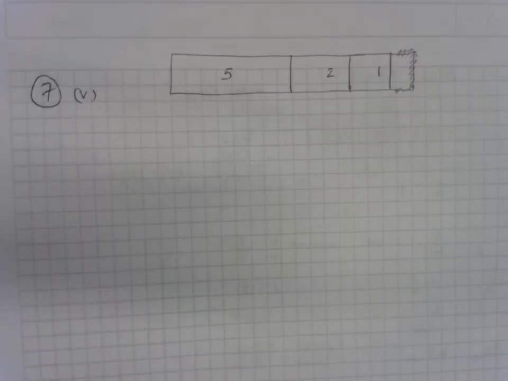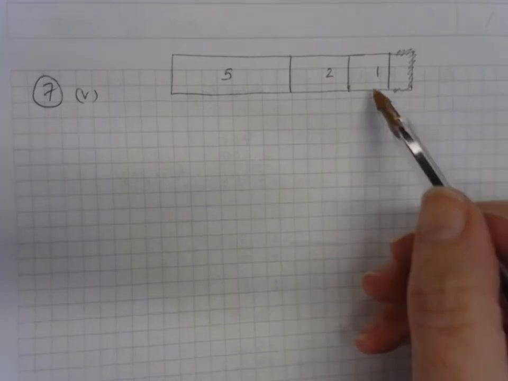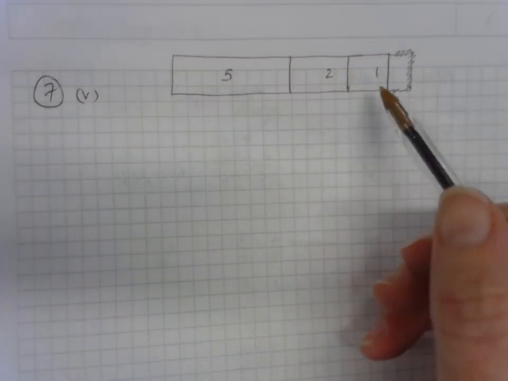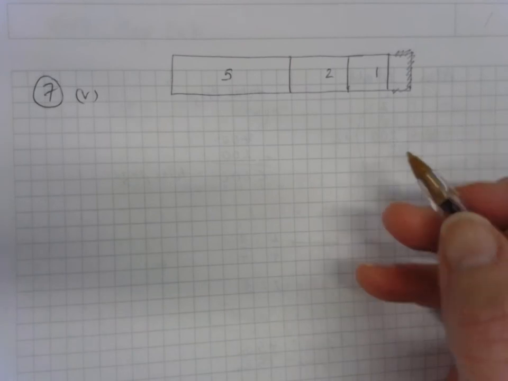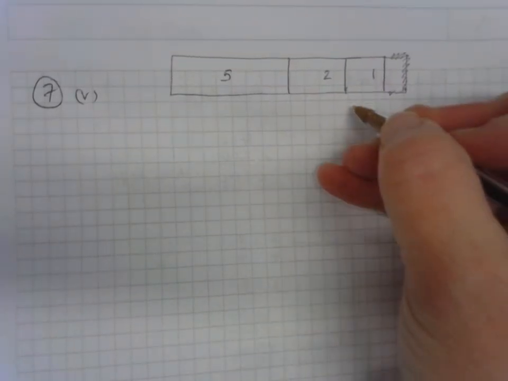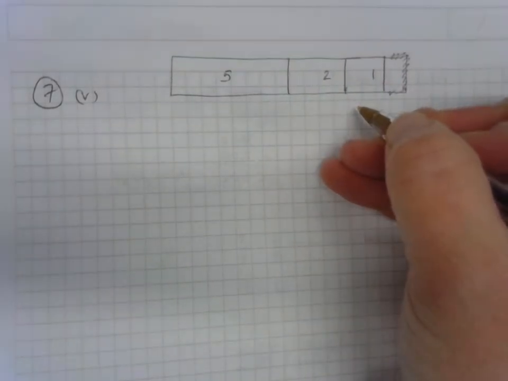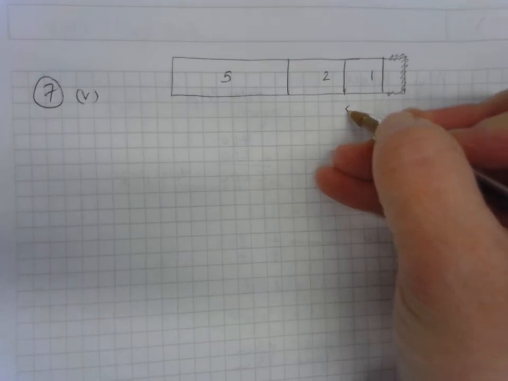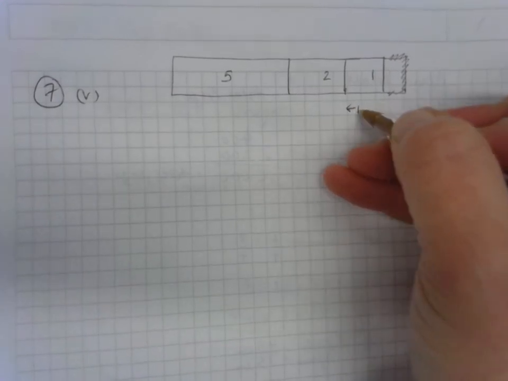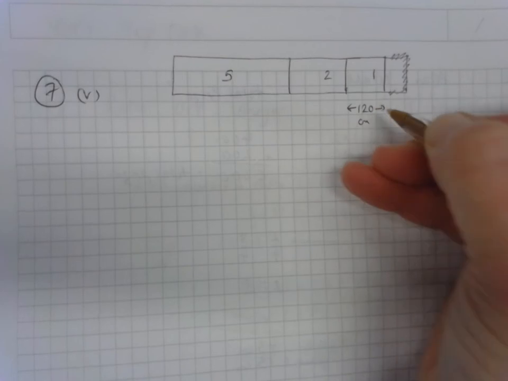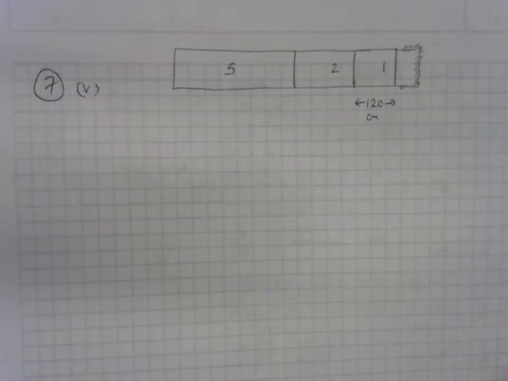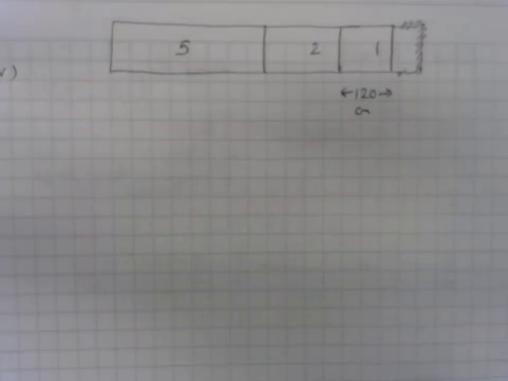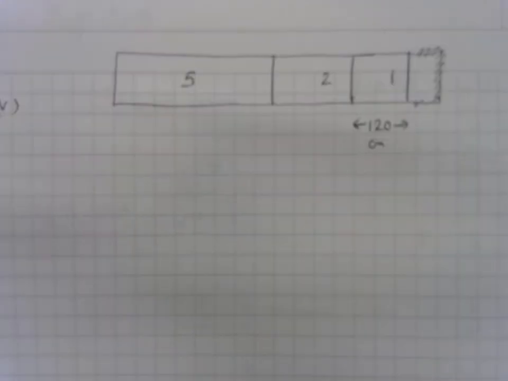If the shortest piece, so the shortest piece is obviously this one, if the shortest piece is 120 centimeters, it's a very long piece of wood, isn't it? I don't know whether I'm mistaken in thinking that's a bit big, but anyway, 120 centimeters is 1 part. And now we have to work out the length of the other 2 pieces.